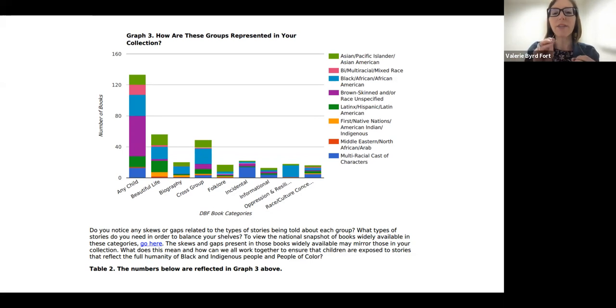So how are these groups represented in your collection? You can see that they have different kinds of designators: Asian Pacific Islander, Asian American, bi-multiracial, mixed race, Black, African, African American. It segments what we have on those races.